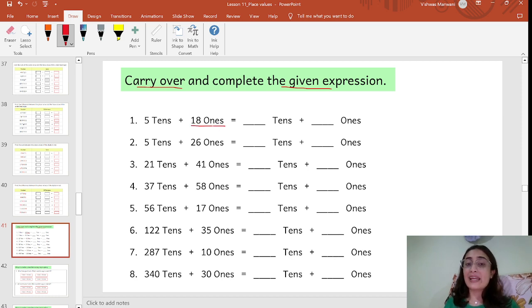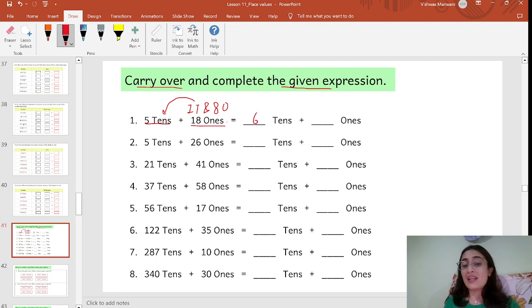Do you think that I can break 18 ones in terms of tens and ones? Correct. And what would it be? It would become 1 tens and 8 ones, right? I already have 5 tens here. If I add one more tens to it, now my total number of tens become 6.